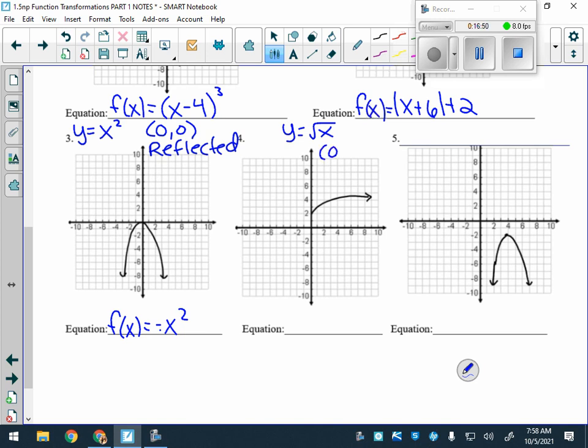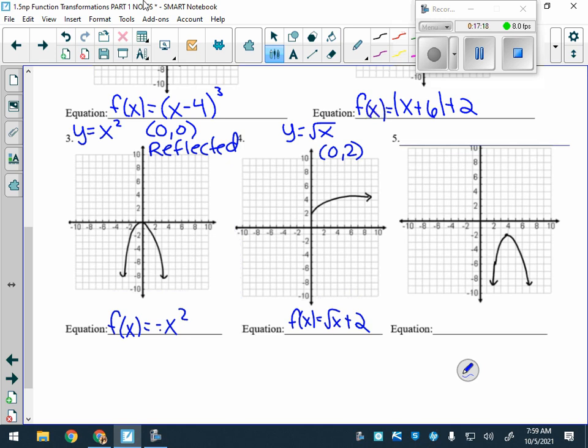Good, that is our starting point. So how would I write that as an equation? Luce? Good. Awesome.